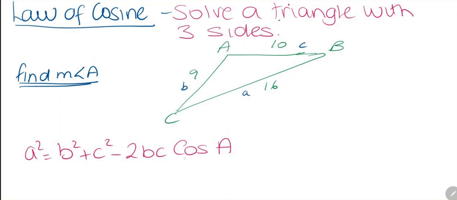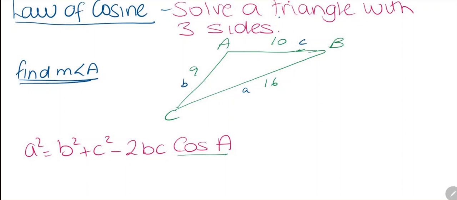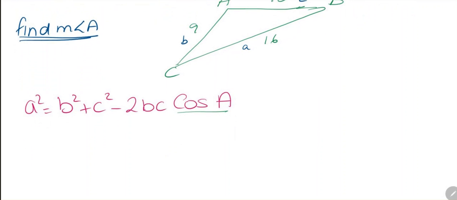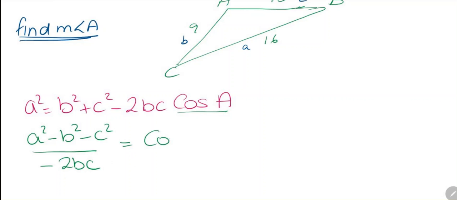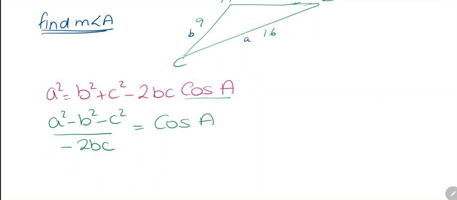So we want to find cos of A. So we can do a squared minus b squared minus c squared, divided by 2bc, is equal to cos of A. And now we can substitute in the values.